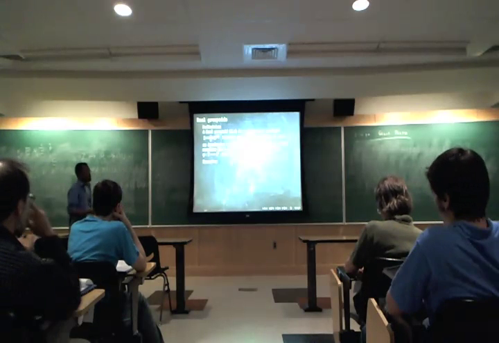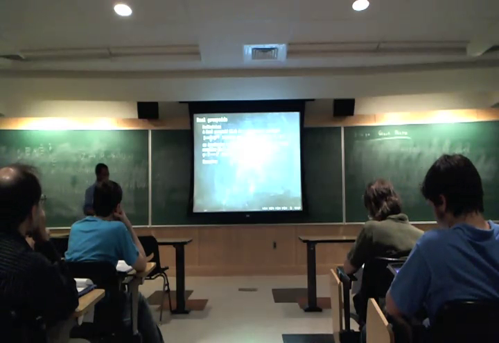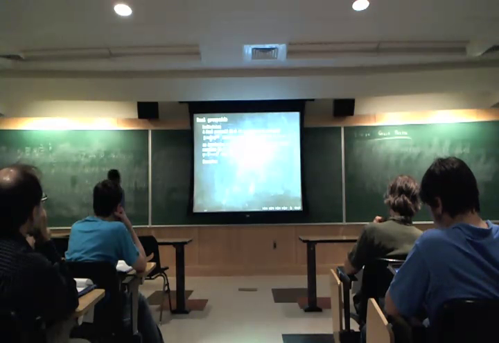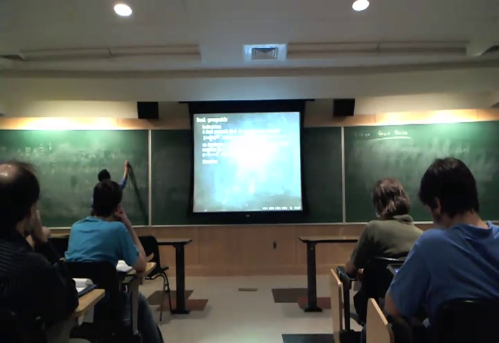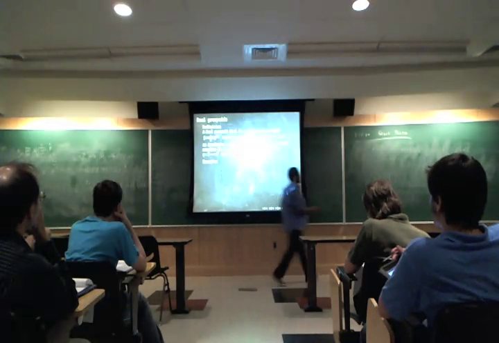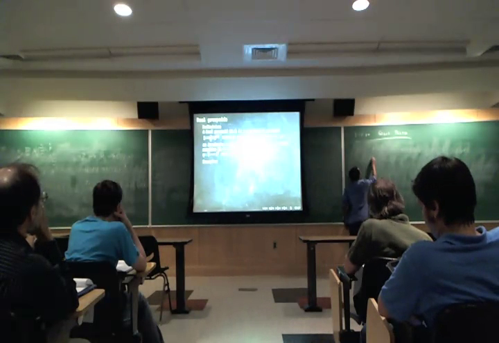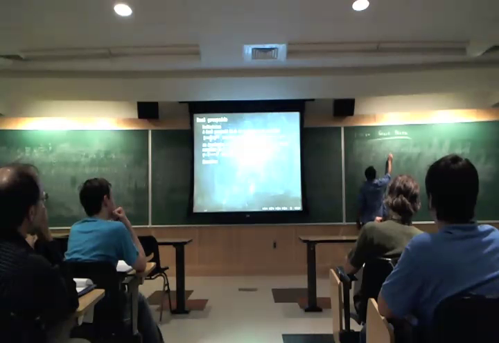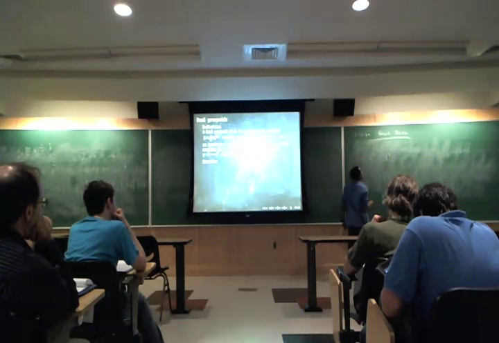A real groupoid is just a groupoid equipped with an involution. So maybe I will recall the notion of groupoid. A groupoid is given by a space G1 and G0 for the unit space.